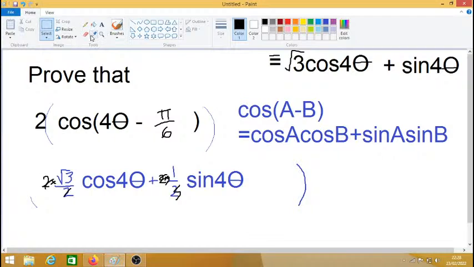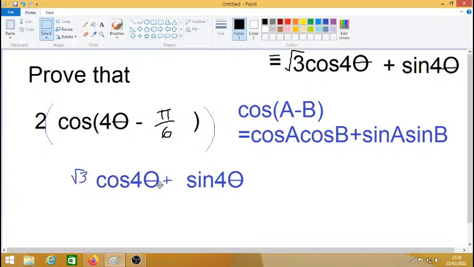So all we're left with is root 3 times cos 4 theta plus 1 times sine 4 theta, and we don't really need the 1 anymore. Timesing by 1 doesn't make a difference, so we can just leave it like that. Get rid of the brackets since we timesed by 2.